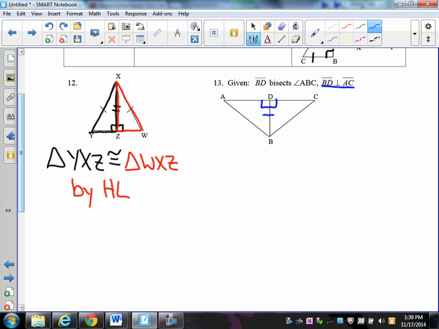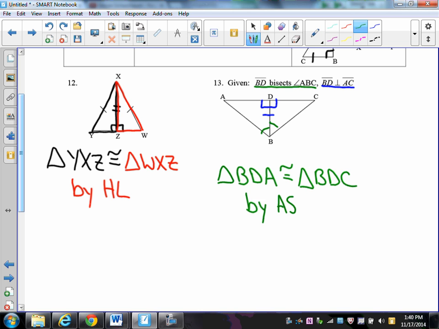And lastly, it says BD bisects angle ABC. So that means this smaller angle is going to be congruent to this angle. So our congruence statement in the end is going to be triangle BDA is congruent to triangle BDC. And our reason is going to be by angle, side, angle. We're not given the hypotenuses are congruent, so it's not going to be by hypotenuse leg.